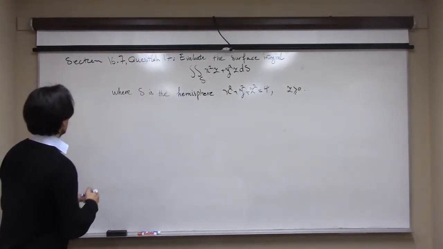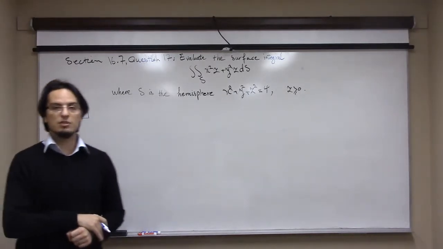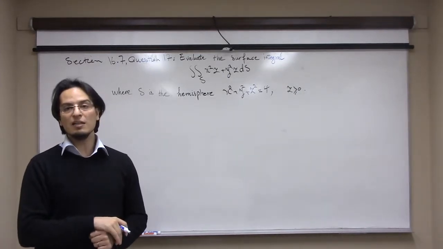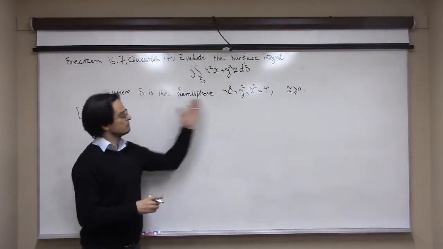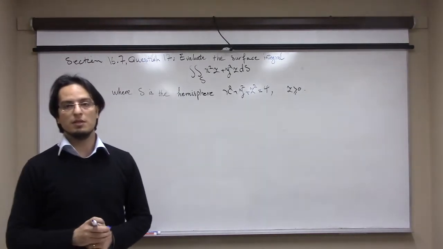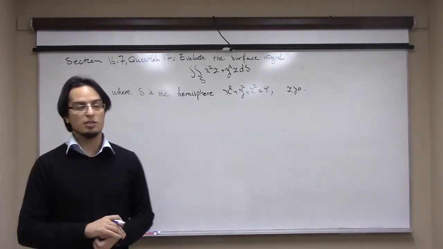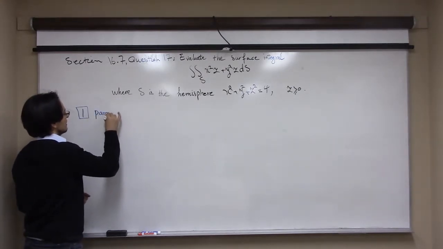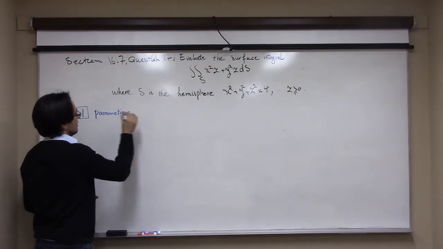Okay, things that you have to know to be able to do these questions are this. One, if you're going to evaluate a surface integral and the surface is described like this, it is a sphere, something given by some equation or some parameters. The first thing is to parameterize the surface.